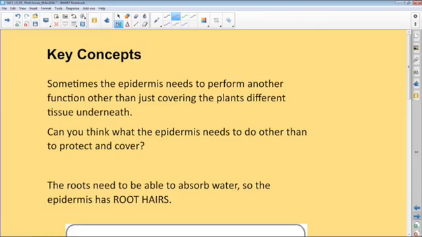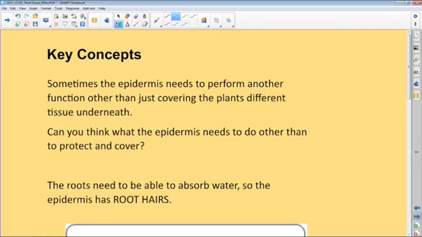Okay, now you need to think a little bit. An epidermis needs to cover and it needs to protect, but, all right, there is a but.